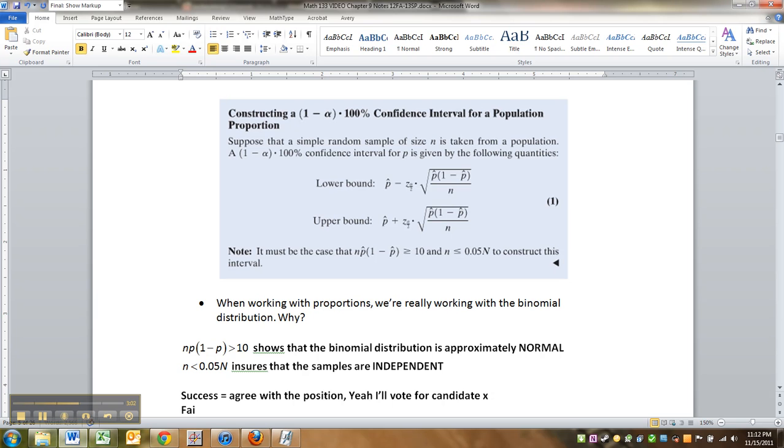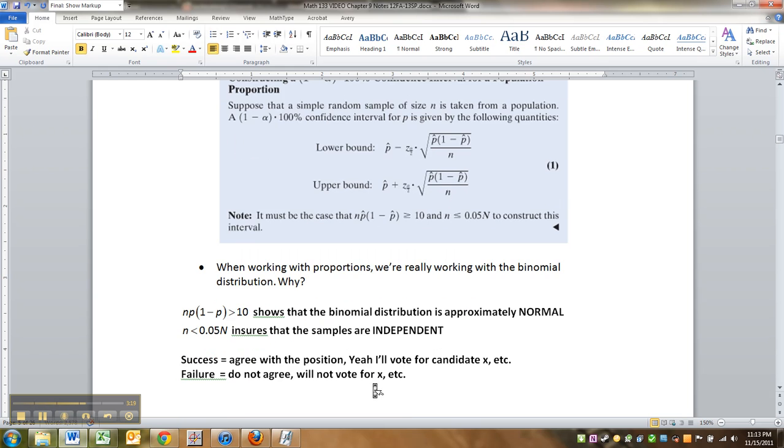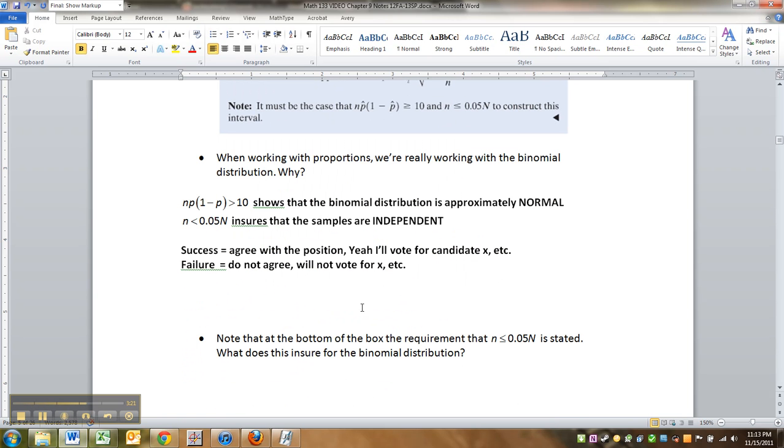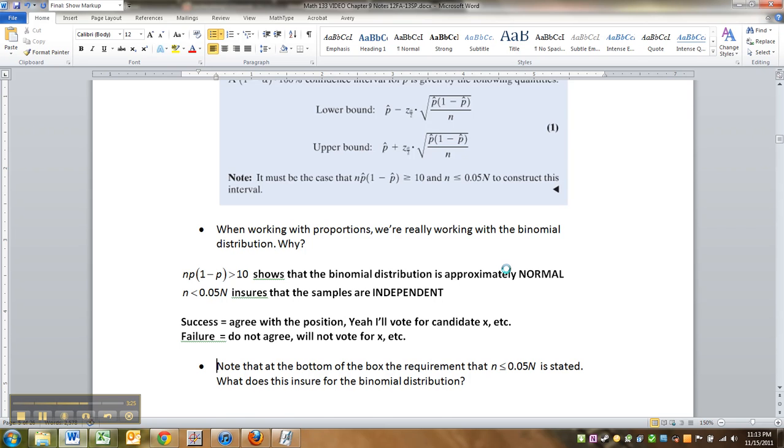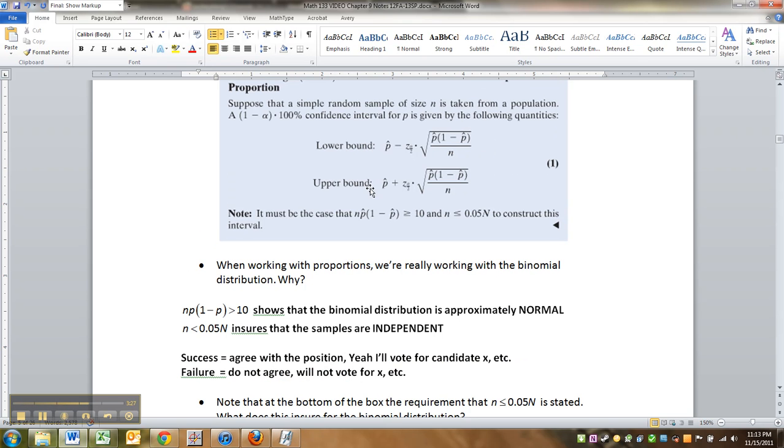And then you have failure, which is do not agree, will not vote for X, etc. So you have success and you have failure, 2 options. It's really truly binomial, which is why I stressed 6.2 and 8.2 so much, because 6.2 and 8.2 are what laid the foundations for these formulas right here.